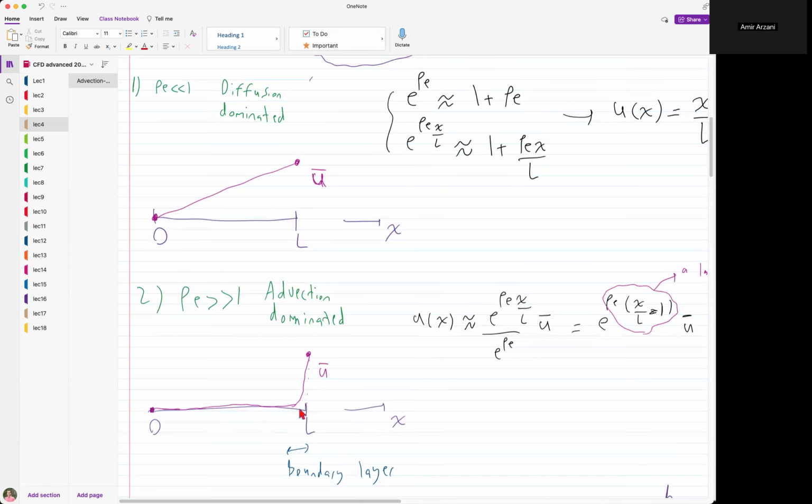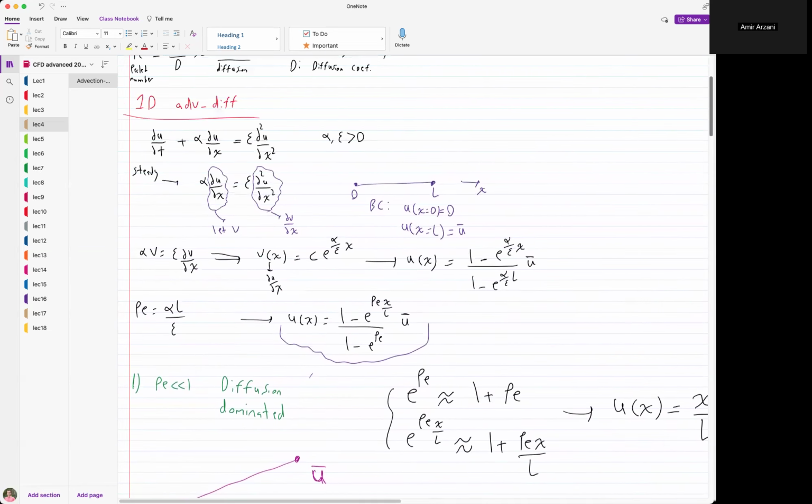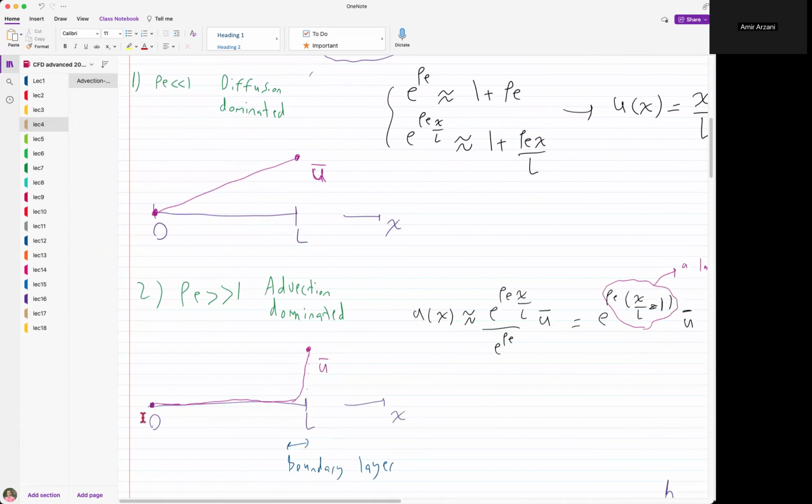So this is your thin boundary layer, and this is what this analytical equation tells you. This is the type of solution you get in this numerically challenging case to solve. And I have to remind you that we've assumed the velocity alpha to be positive, so this is a problem where we have convective transport from left to right.